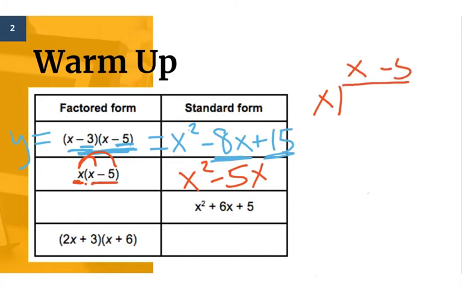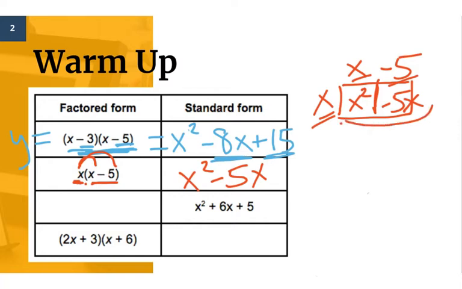So this one I'm just going to split, right? So I have a rectangle that looks like that. Now x times x gives me x squared, and x times negative 5 gives me negative 5x. So when I add up what's inside of the area box, I would get x squared minus 5x, which is exactly what I have here.